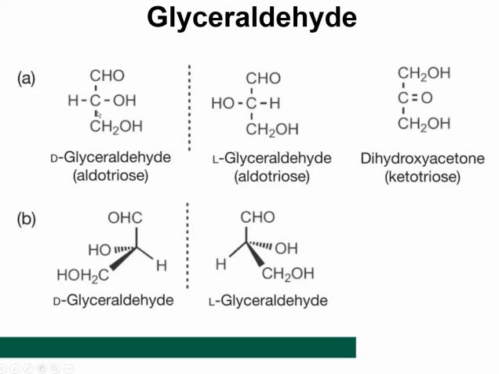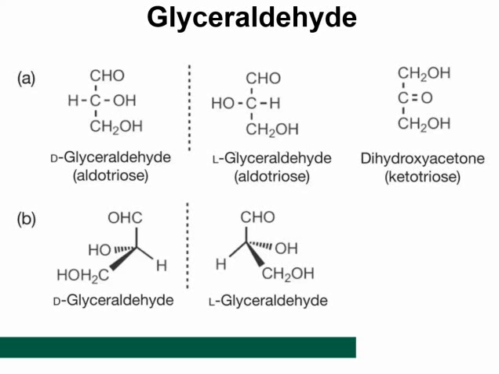So the orientation of the OH group on that chiral carbon, and we're going to cover this when we get to carbohydrates, determines whether or not that glyceraldehyde is D or L. If it's oriented to the right, it is D. If it's oriented to the left, it is L. D and L really are associated with the way that the molecule would rotate plane polarized light.